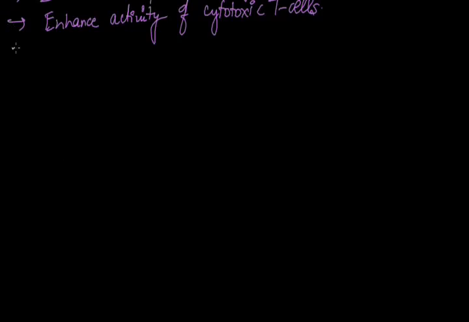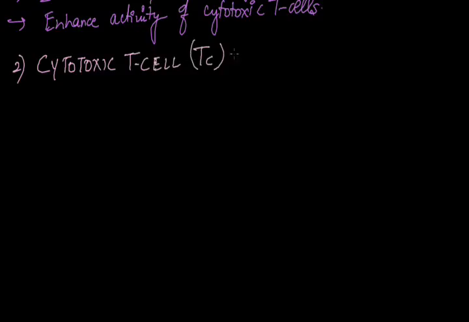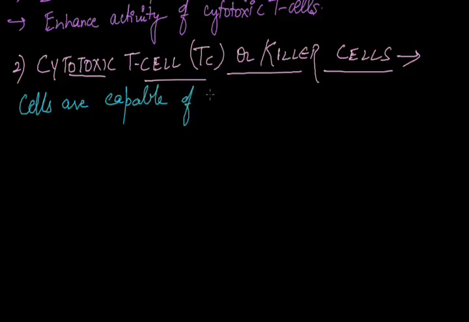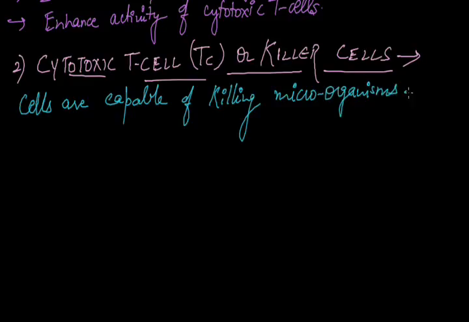Now the second type of T lymphocyte is cytotoxic T cell. These are also called killer cells, as the main function is killing of the foreign body. These cells are capable of killing microorganisms. Hence they are called killer cells.